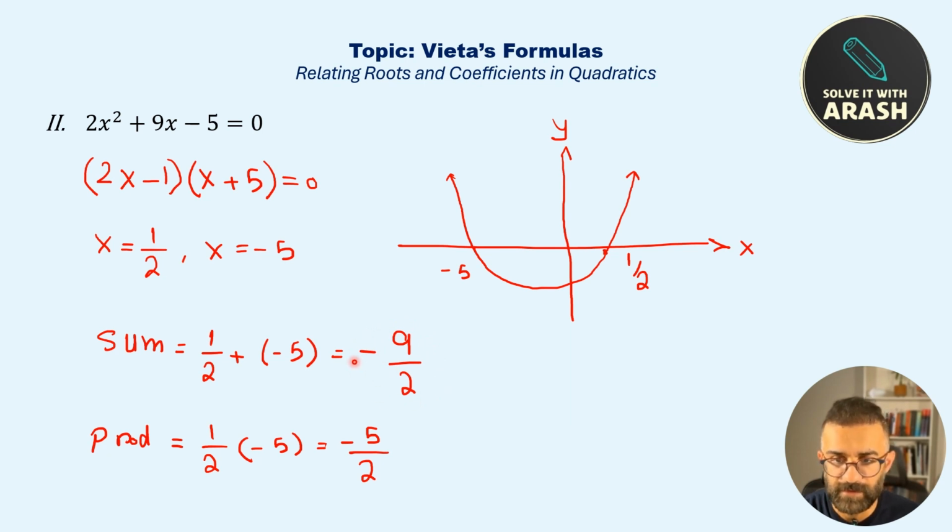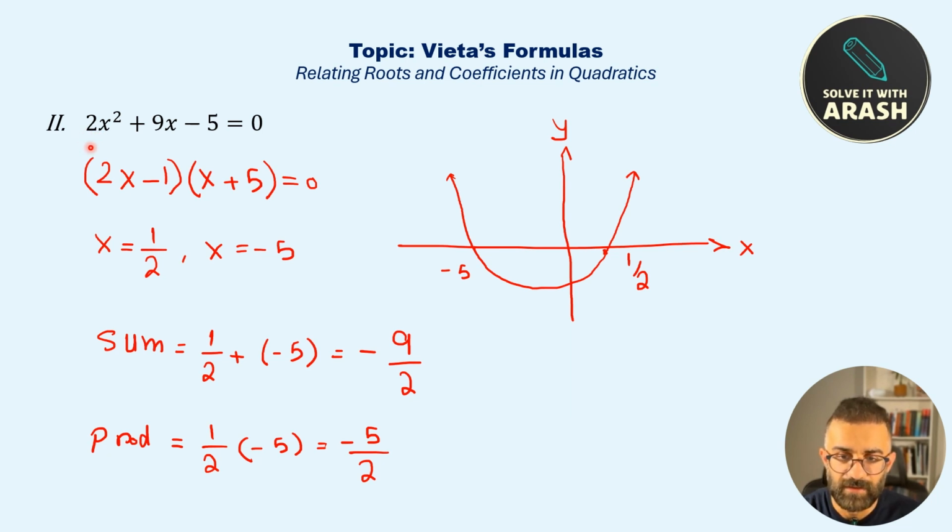Let's see if it works here as well. It seems no. The linear coefficient is 9. The negation of it is -9, but here we have -9/2. But wait a second. 2 in the denominator. Maybe that's the 2, which is the leading coefficient.